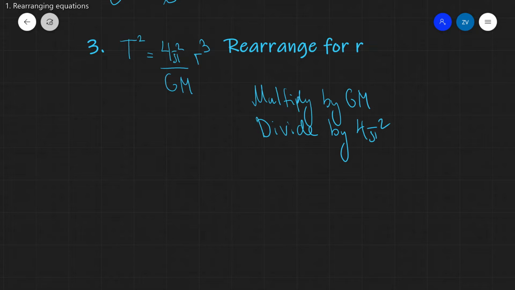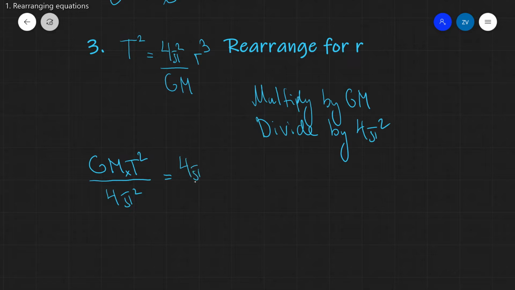So what we're left with on the left-hand side is going to be GM T squared, and we're going to be dividing that by 4 pi squared. Let's just copy down what we have.